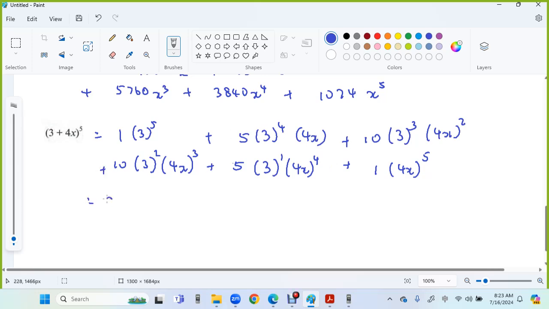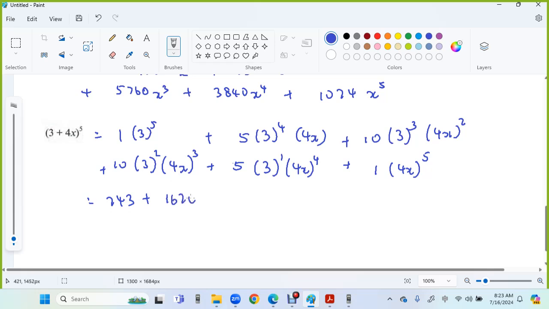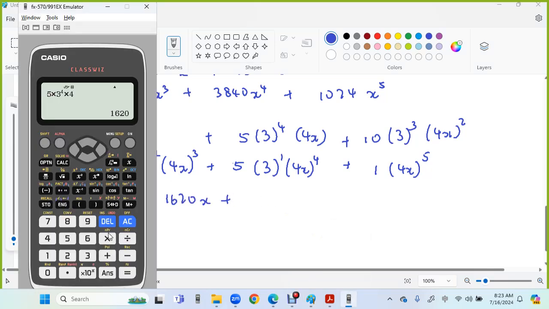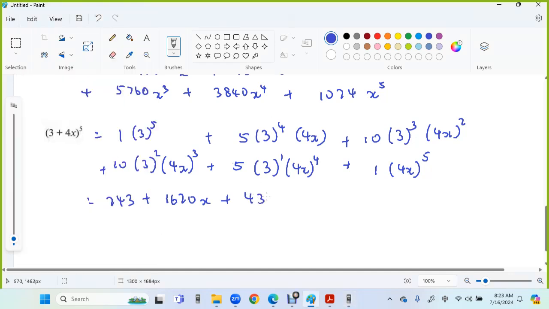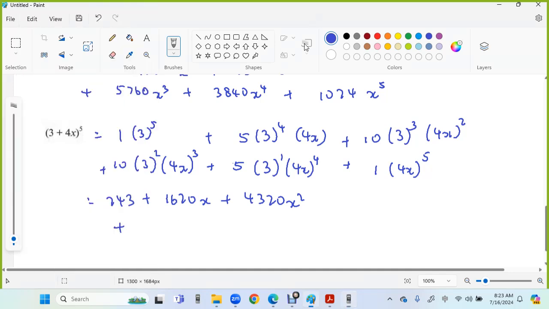So we have 243 plus 5 times 3 to the power 4 times 4, 1620x, and then 10 times 3 cubed times 4 squared, 4320x squared, and then 10 times 3 squared times 4 cubed, 5760x cubed.